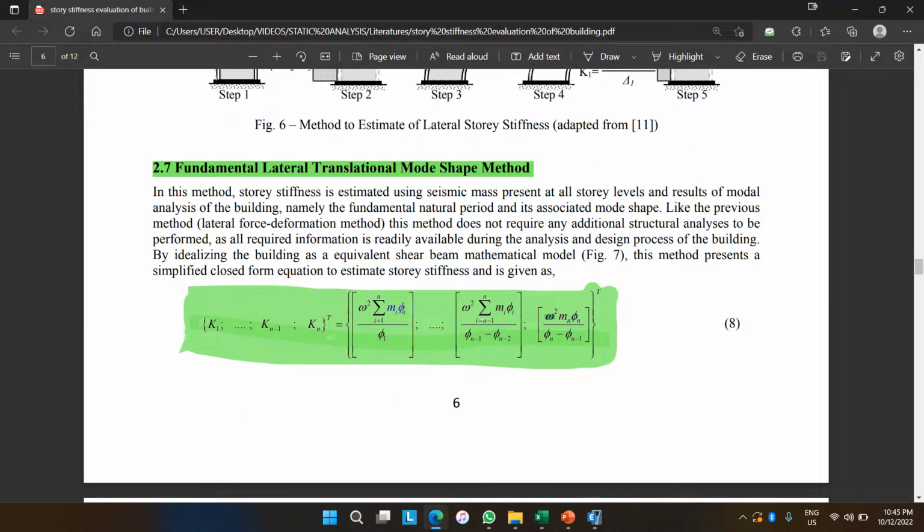The product of story mass and mode shape summation means for story 1 we have to do summation from story 1 to story 13, like m1 into phi 1 plus m2 into phi 2 up to m13 into phi 13, divided by phi 1, the respective mode shape of story 1. Similarly, for story 13, ω² into m13 into phi 13 divided by phi 13 minus phi 12. It will be clearly explained in the Excel sheet.